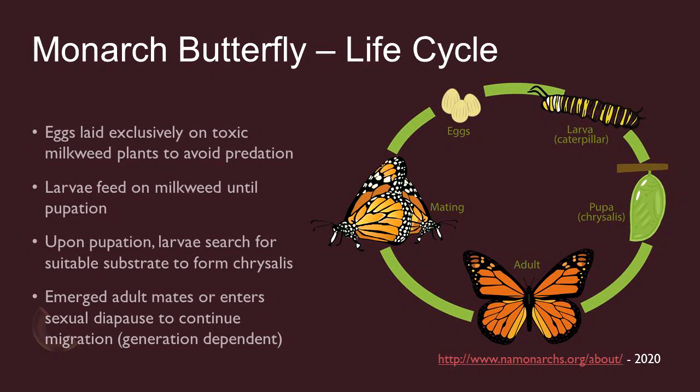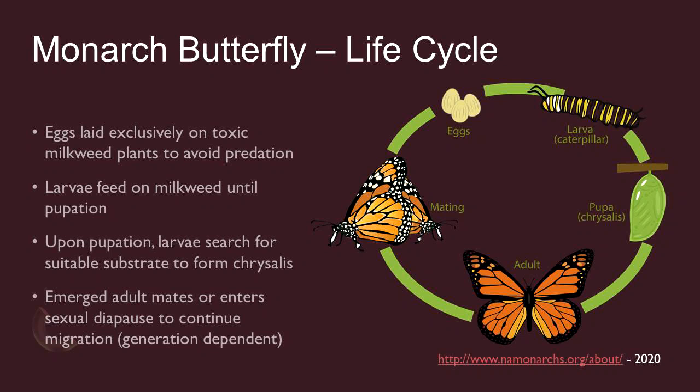Now, I talked about generations, and so it's only fitting that we go into the life cycle. Monarch butterflies exclusively lay their eggs on milkweed plants, because the milkweed plant is toxic, and thus the monarch butterfly's eggs avoid predators that would otherwise be an issue.